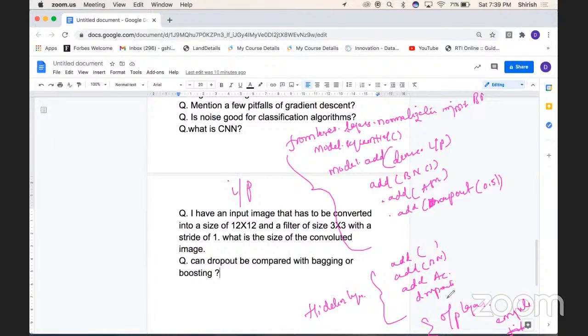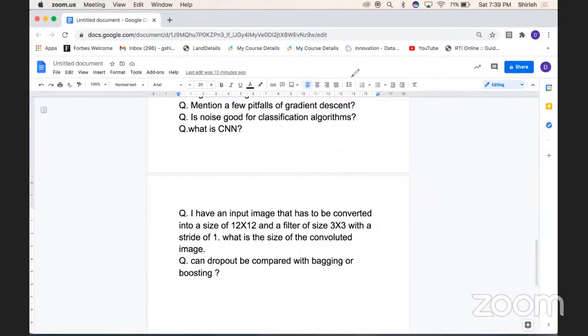The only difference here is that the hidden layer activation function would be tanh or ReLU, but in the output layer your activation function would be softmax. This is how you reduce the overfitting problem.